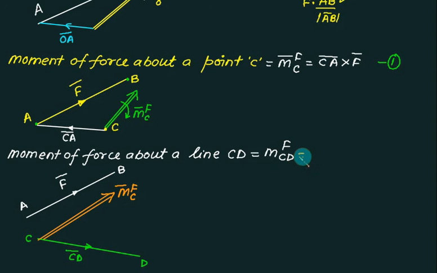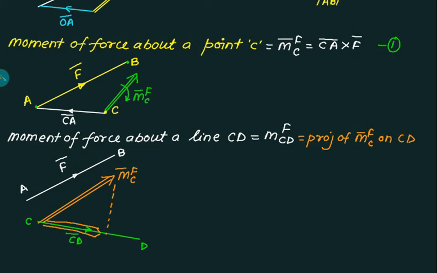Once you perform this step, you can represent your vector like this. This means it is a projection of the moment of force about C on CD. That is the true meaning of this. You have to project this quantity on the CD line. Is the projection a dot product?